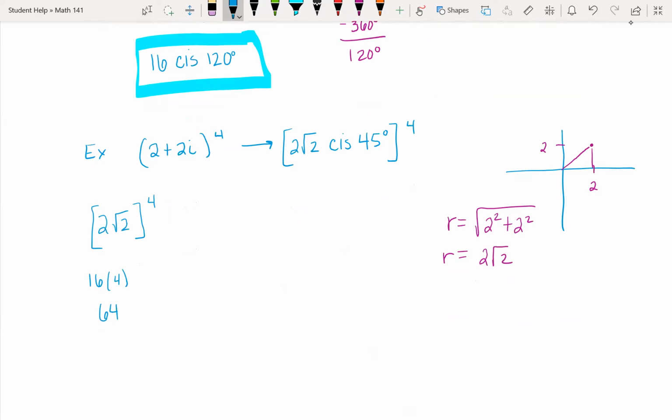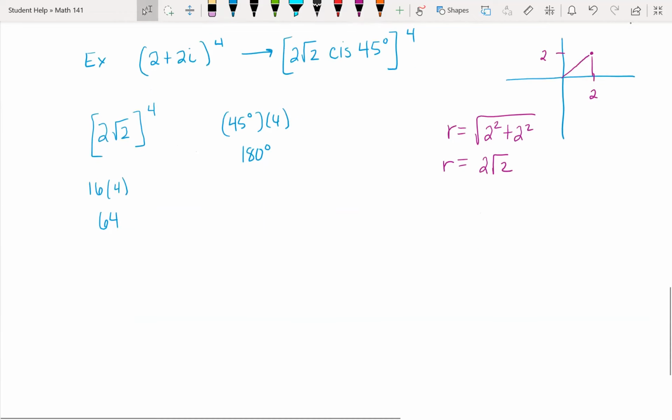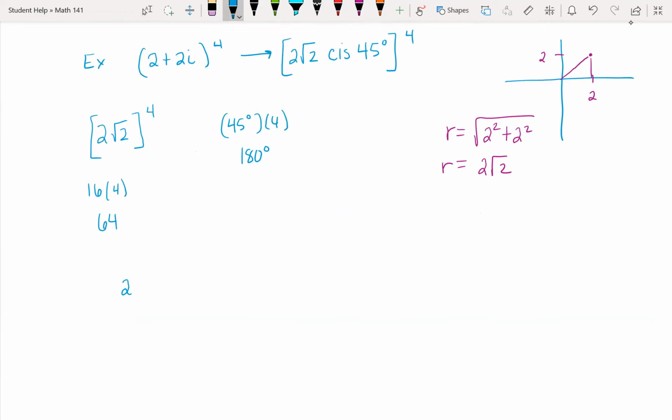And then we're going to take 45 degrees and multiply it by 4, which is 180 degrees. So I think that 2 root 2 cis 45 degrees raised to the 4th power is going to be 64 cos plus i sine of 180 degrees.